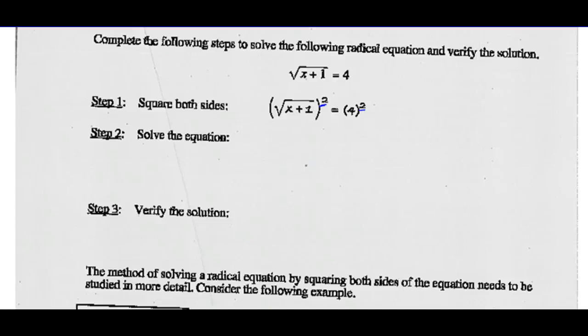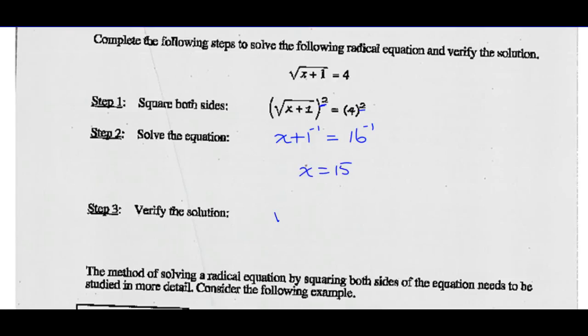If I square both sides of the equation, things look good. The square root of x plus 1 all squared means this radical sign is going to be gone. So squaring a square root eliminates the radical sign, and 4 squared is 16. Now, pretty easy equation to solve. I simply minus 1 from both sides, and x equals 15.